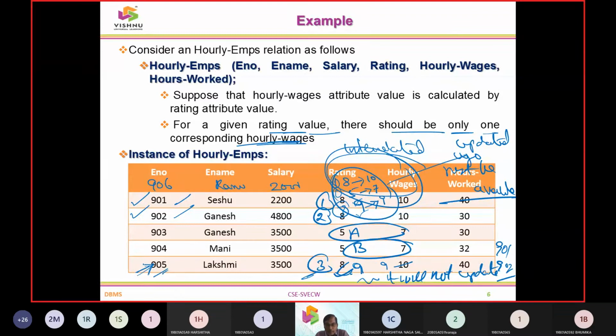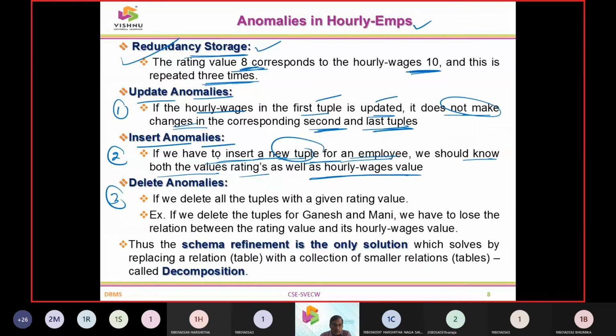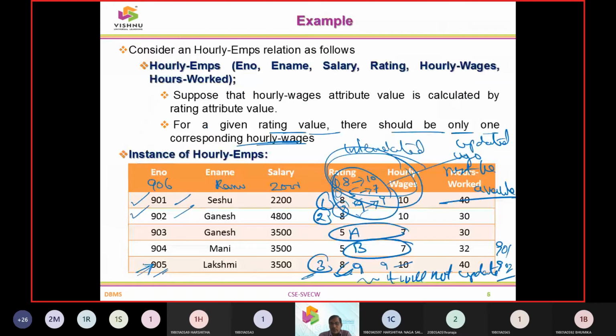Either it can be 5, it can be 7, it can be 9. So, again, moving to the insert anomaly. If we have to insert a new tuple, we should know both the value of rating as well as hourly wages. That means we should understand that there are 3 cases.